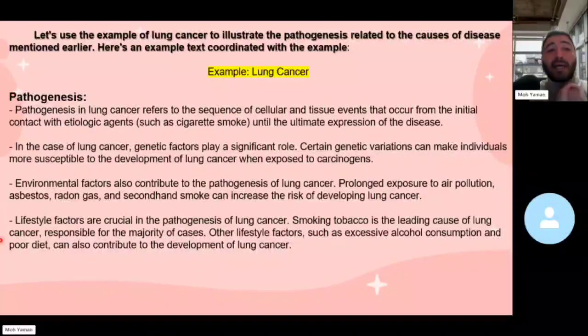Lifestyle factors also play a very important role in the pathogenesis of lung cancer. Smoking and tobacco play a role in this case, especially for lung cancer. Alcohol also plays a role in these factors. So I hope it's understood.